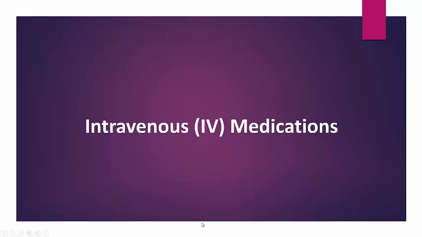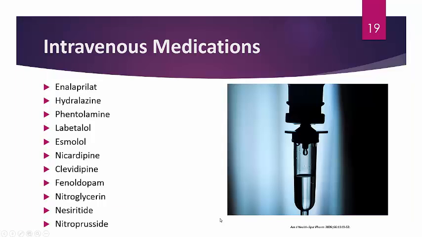Now that we've talked about the PO medications used for hypertensive urgency, now we will talk about the intravenous medications, or IV medications, used for hypertensive emergency. So remember, hypertensive emergency is when we have some kind of target organ damage. And there are many medications that are available for hypertensive emergency.